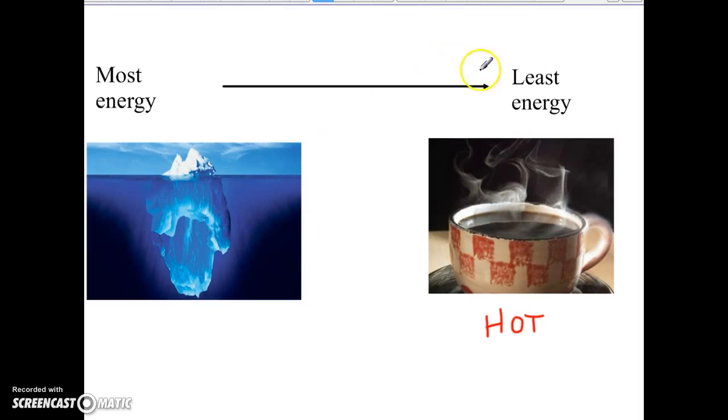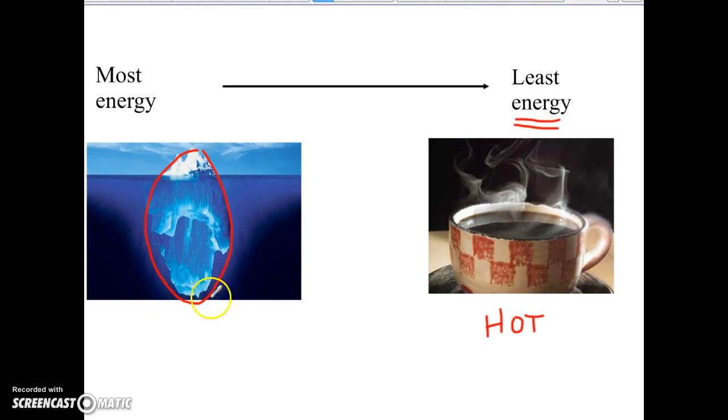So if we think about what energy is, the ability to do work, let's say you wanted to make something warmer or colder by using these objects. If you poured this coffee on something, you would heat up the object a little bit. If you took all of this ice and you put it on something, you would be able to make many more objects colder than what you'd be able to heat with this coffee.